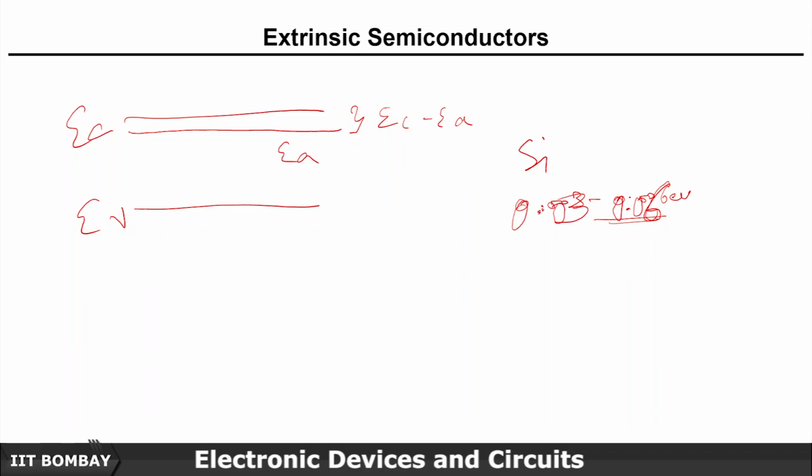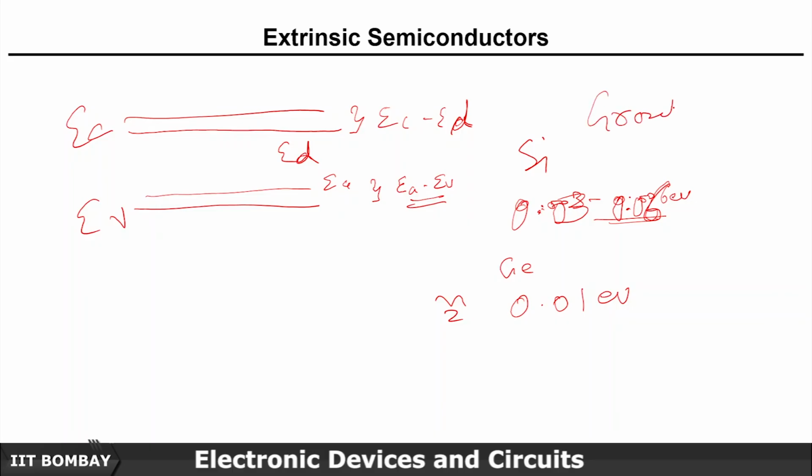And in the case of germanium, this is much lower, approximately 0.01 electron volt, for a group 3 impurity. So this is EC minus ED, and this is EA minus EV. I was giving numbers for a group 3 element, which will make it a p-type semiconductor.